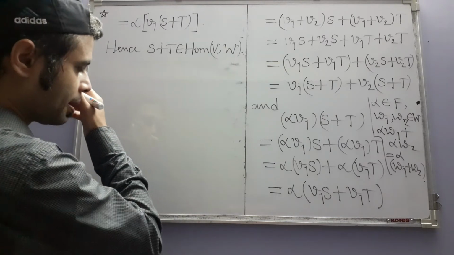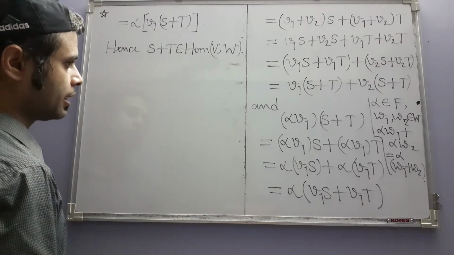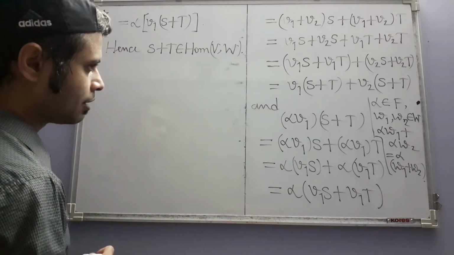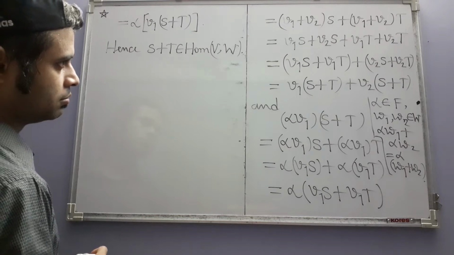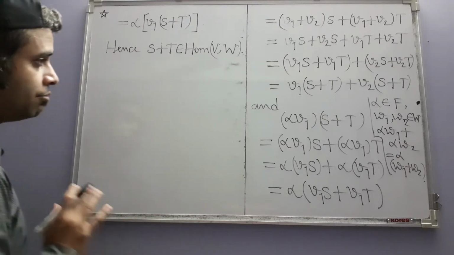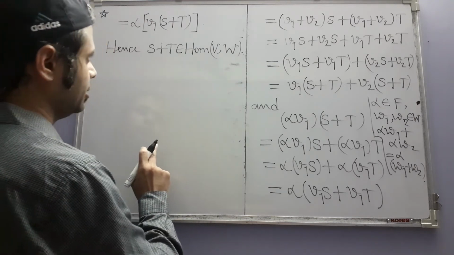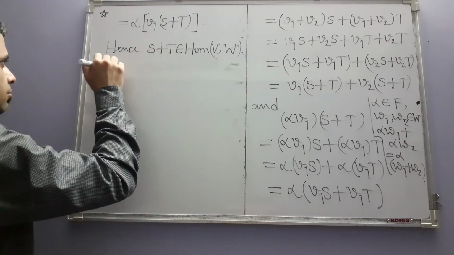Okay. Now we need to next prove the associative law. For the associative law, however, we will not need three vectors, but we will need three homomorphisms. Fine.